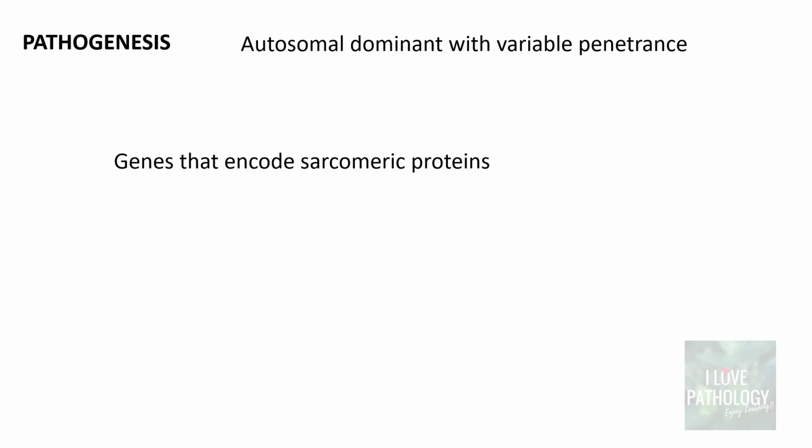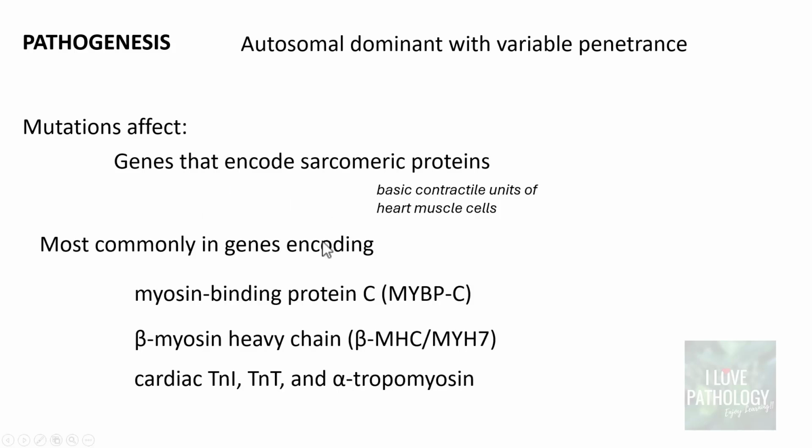Now, what are all the genes which are affected? The genes which are affected are the ones which encode sarcomeric proteins. And we know that the sarcomere is basically the basic contractile unit of the cardiac myocyte. Now, what are all the genes? Most commonly, the genes involved are the genes encoding myosin binding protein C, the gene encoding beta myosin heavy chain, and the genes encoding cardiac troponin I, troponin T, and alpha tropomyosin.